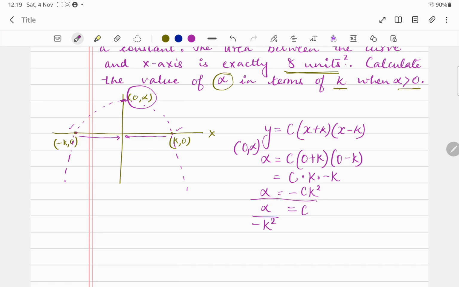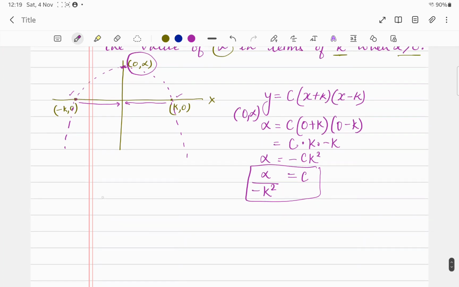Now when we put this value back in, there is nothing that we don't know, since everything is given in the question. C was the only thing we ourselves put in there, and that's why we put that value back in terms of the given variables. So the equation becomes y equals alpha over minus k squared times (x plus k)(x minus k).